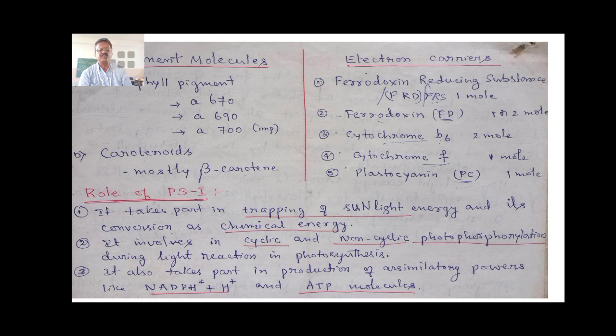Okay, next is location. PS1 is located on the outer surface of both grana lamellae and stroma lamellae, but PS2 is located on the inner surface of only grana lamellae.